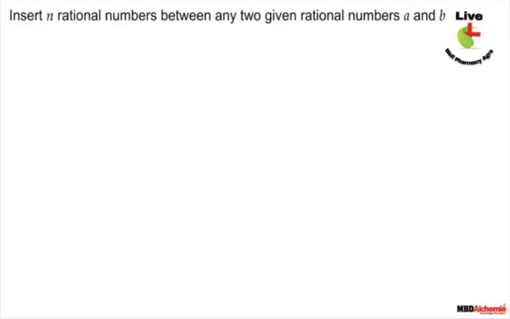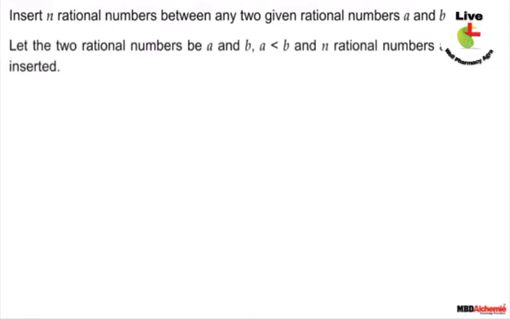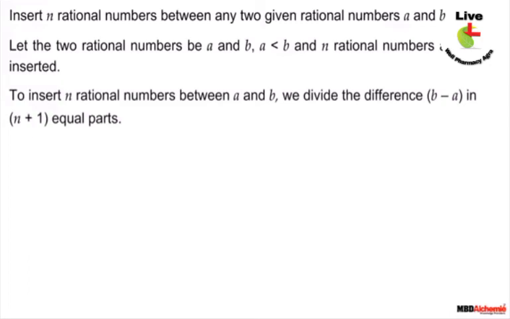Insert n rational numbers between any two given rational numbers a and b. Let the two rational numbers be a and b, where a is less than b, and n rational numbers are to be inserted. To insert n rational numbers between a and b, we divide the difference b minus a in n plus 1 equal parts.